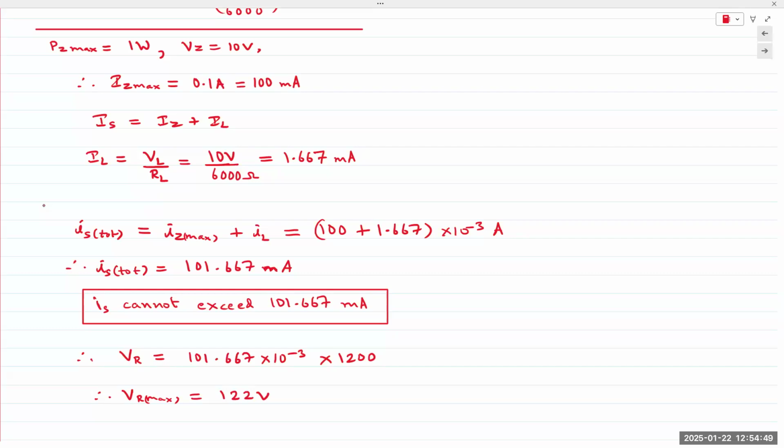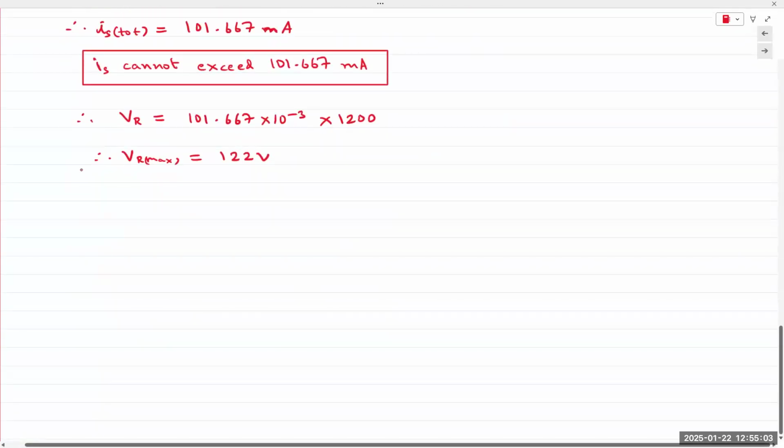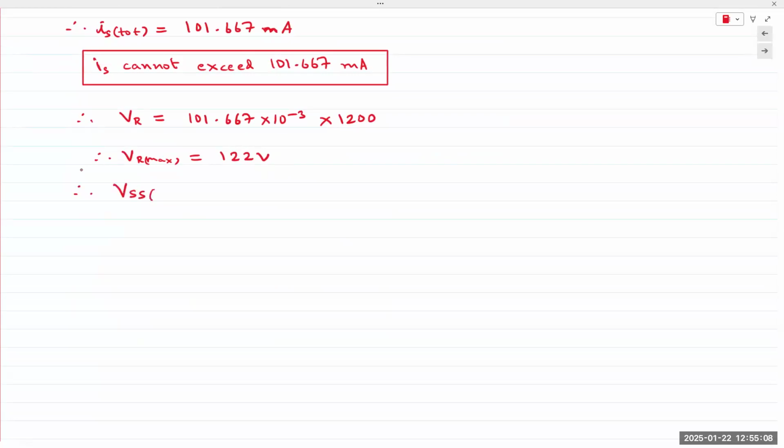Supply current is going directly into the series resistor. So supply current is 101. Voltage drop across the series resistor is 122 volts. And because our Zener diode or load resistor is 10 volts, that means our VSS max can only be 122 plus 10, which is 132 volts.